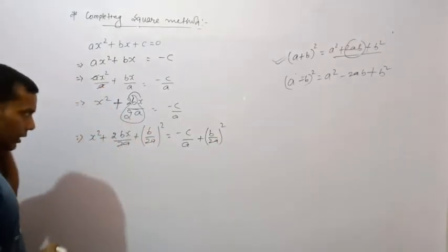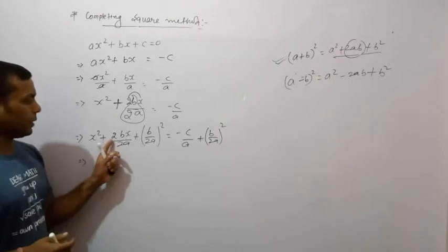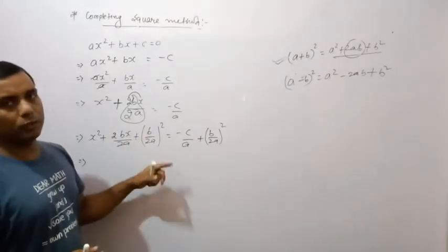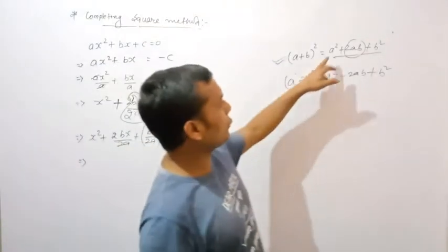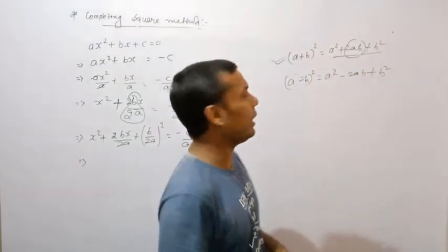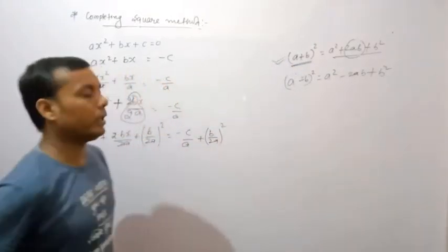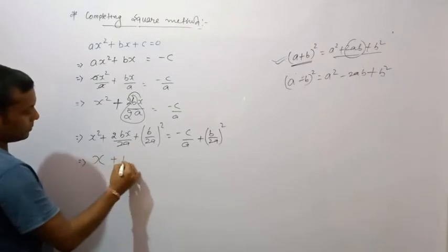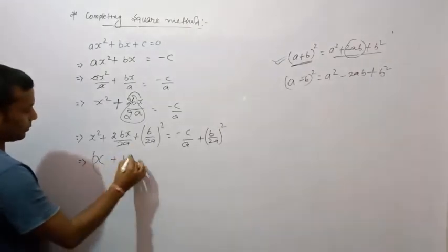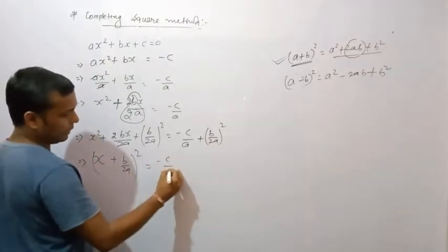Now this term x square plus 2bx by 2a plus b by 2a to the whole square is converted on the basis of a square plus 2ab plus b square. That can be written in the form a plus b to the whole square. So a is your x, plus b means b by 2a, to the whole square, equal to minus c by a.